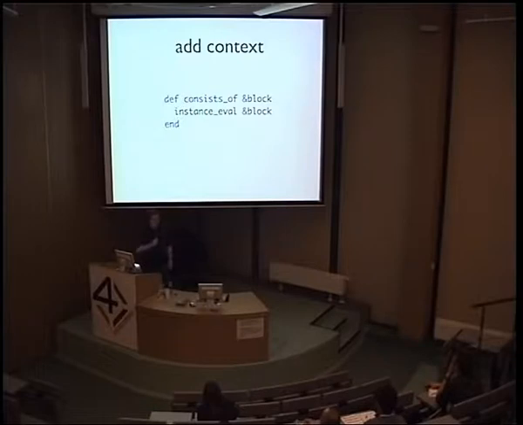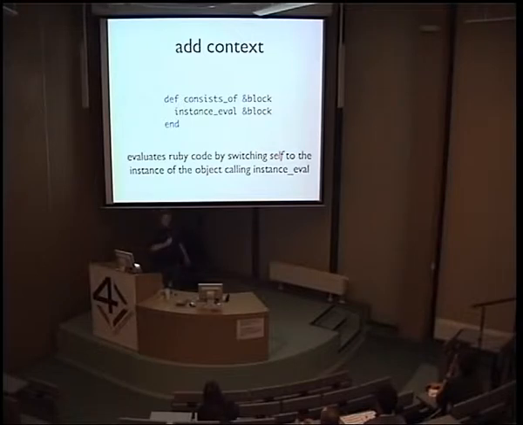An instance eval in Ruby is very, very handy for this, because instance eval evaluates Ruby code by switching self to the instance of the object calling instance eval. So within this, when you call instance eval, it basically says, okay, whatever object I'm within, I'm going to switch self to that just for this block.